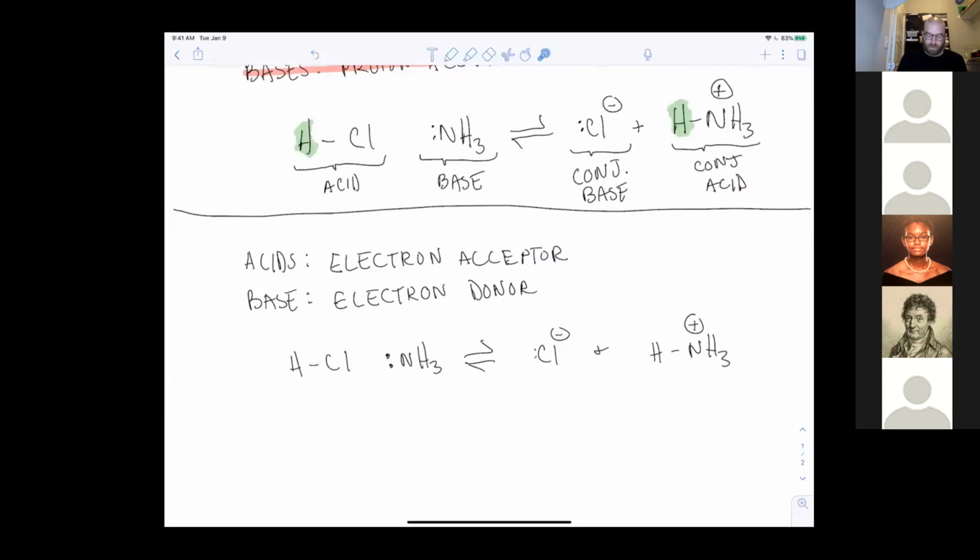So for Lewis acid stuff, it's easier just to start with the base. So you'll notice here we have this lone pair, which I've explicitly drawn. And over here, that lone pair is now involved in a bond. So the electrons on ammonia, NH3, have been donated to the proton.